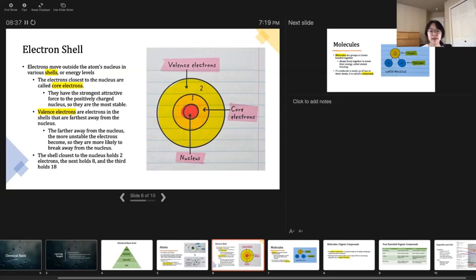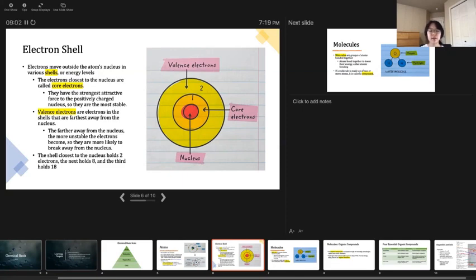On the opposite side, you have your valence electrons, which are electrons in shells, or orbit paths if you're thinking about it like a mini solar system, that are farthest away from the nucleus. The farther away from the nucleus you get, the more unstable the electrons become, so they are more likely to break away from the nucleus.